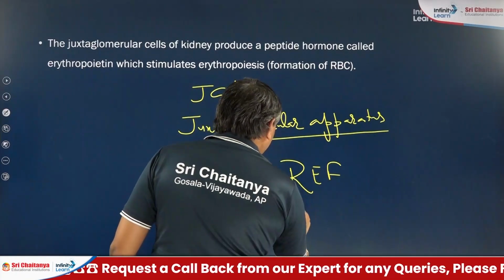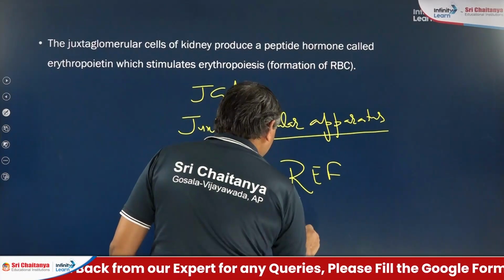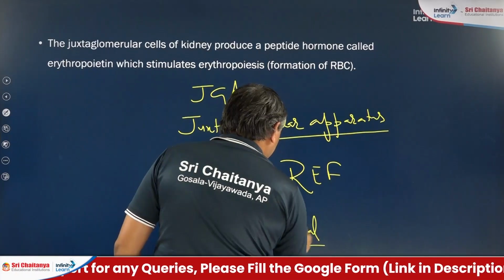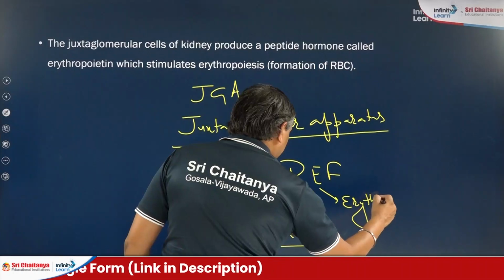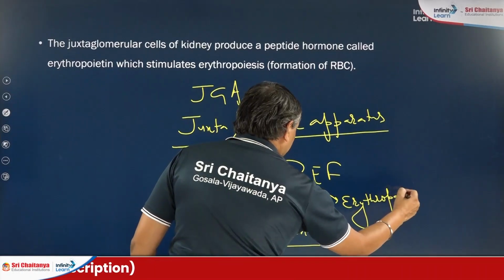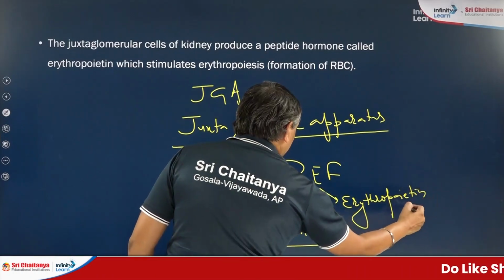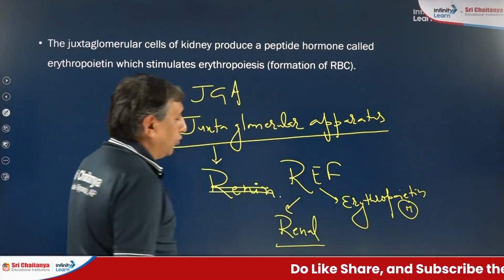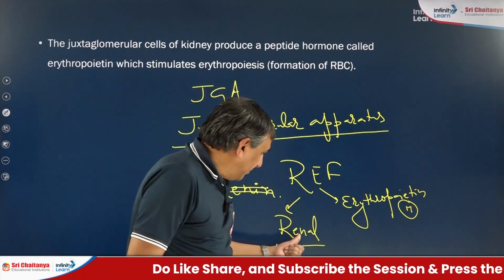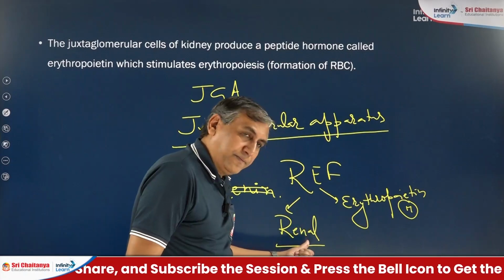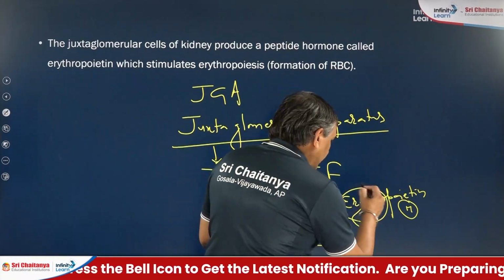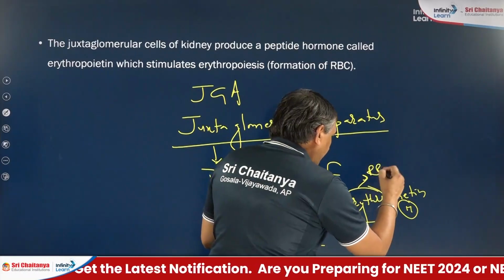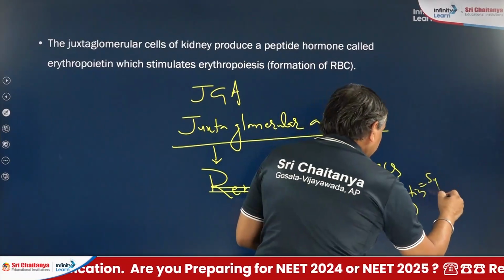REF means renal erythropoietin factor. Renal means it is secreted from the kidney. Erythro means RBCs. Poiesis means synthesis.